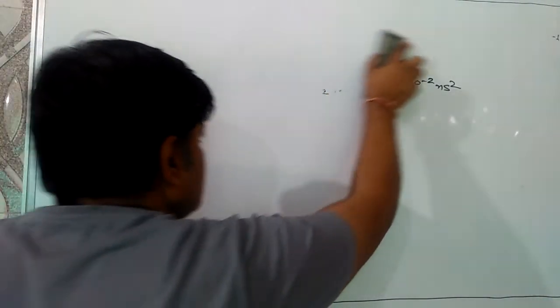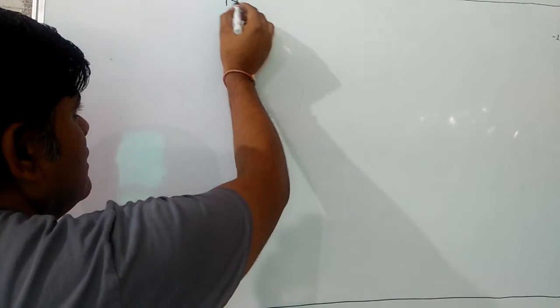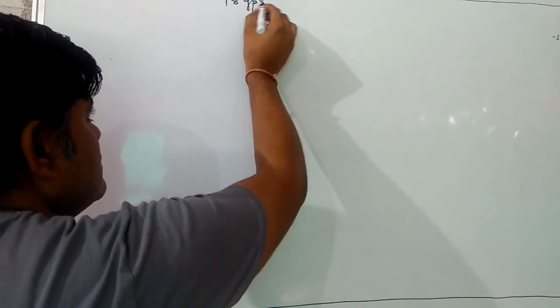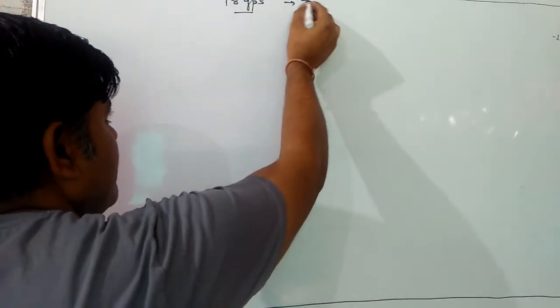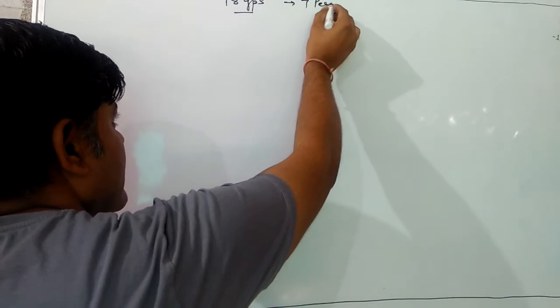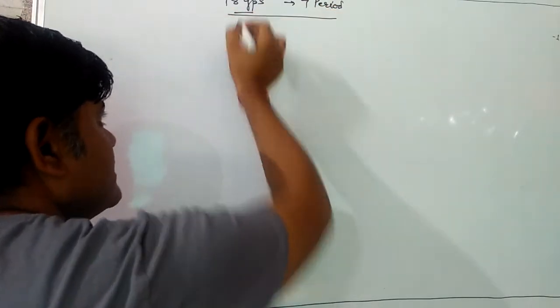And in the modern periodic table there are 18 groups and 7 periods.